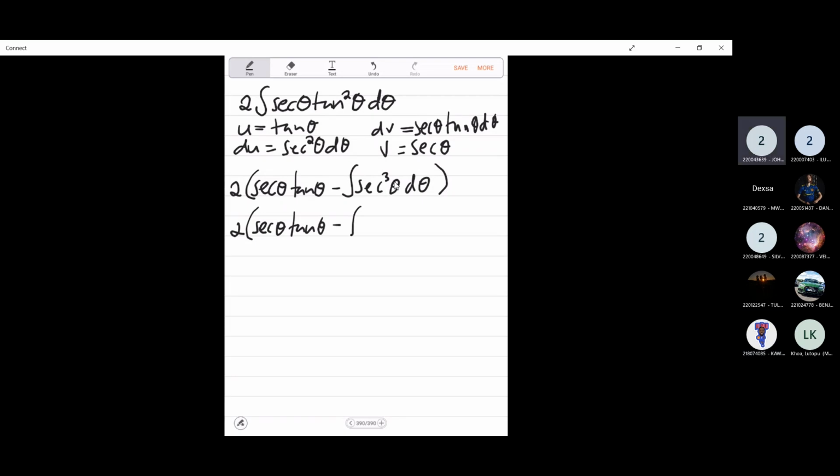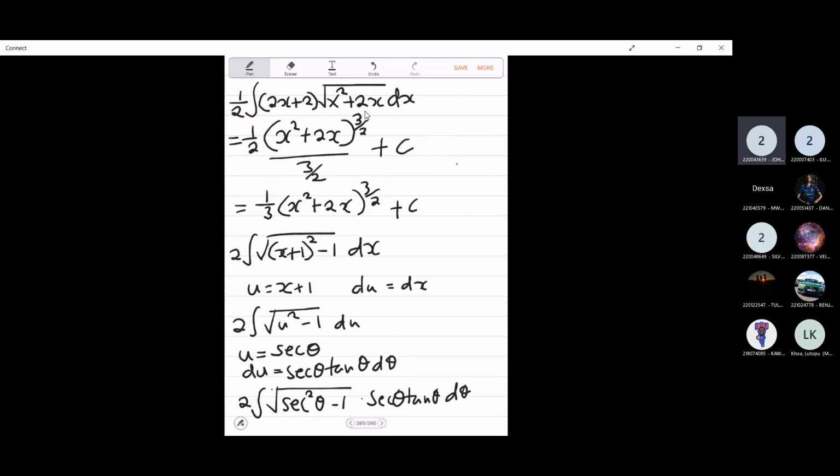Before you go on too far, there at the top of the page, 2 integral sec theta tan squared theta. How did you get tan squared theta? Did you say that the square root of sec squared theta minus 1 is equal to tan squared theta, or what did you do there?